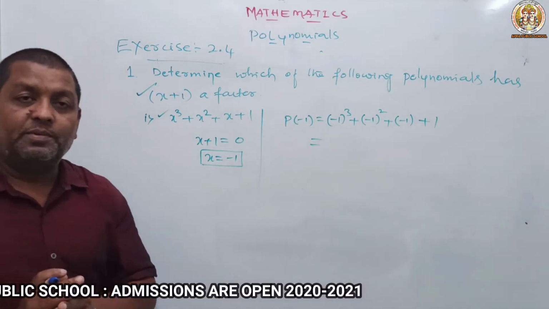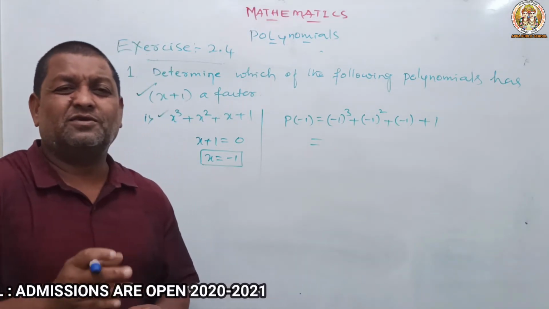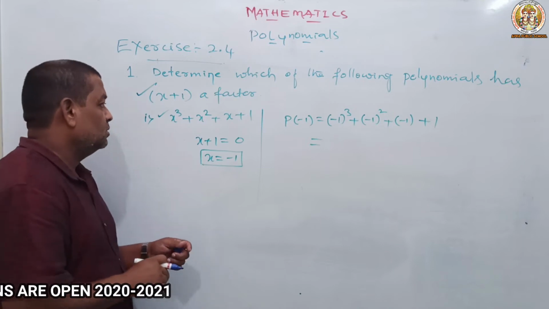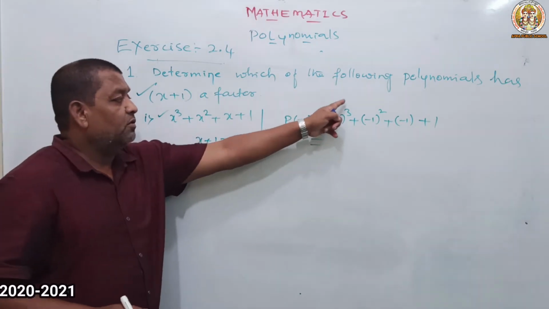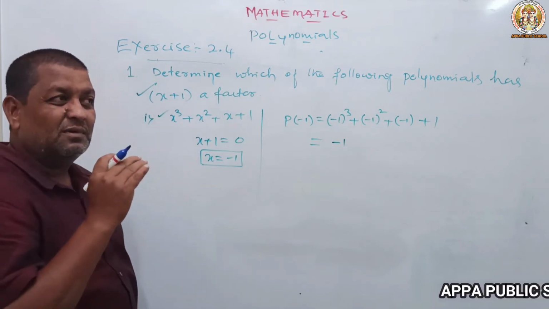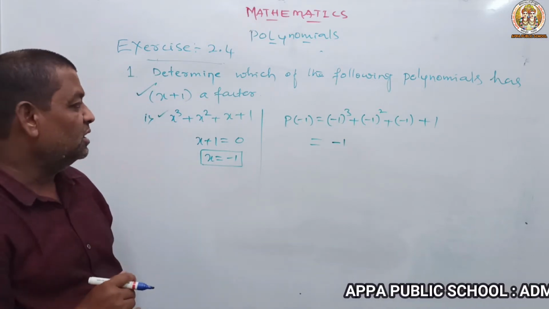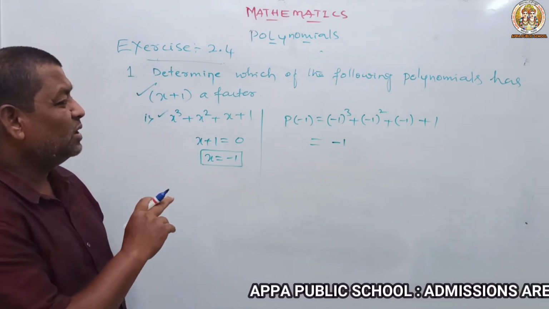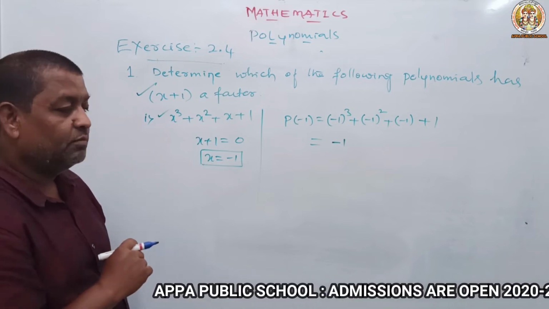So carefully open the bracket. If a little plus or minus is gone, our answer will come wrong. Negative to the power of odd is negative, and 1 to the power of anything is 1 only. So minus 1 to the power of 3, that is minus 1.